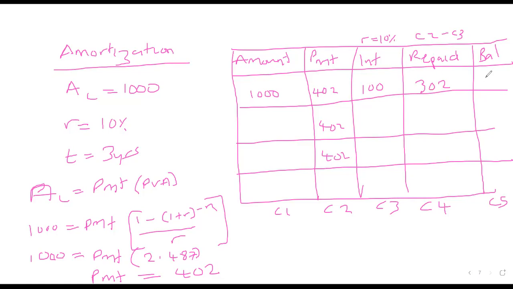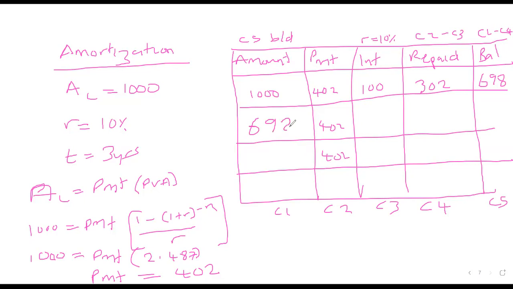And this one is simply column 1 minus column 4. So 1,000 minus 302. What do we get? 698. So 698, this will be column 5 brought down. So we bring this one here, 698.